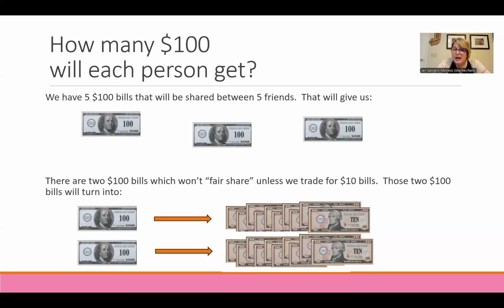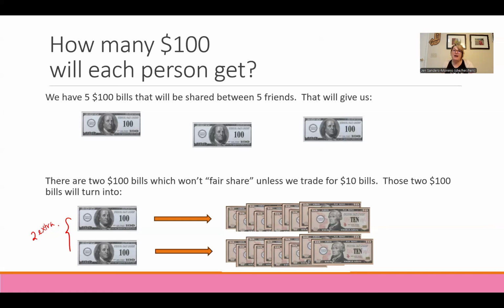So how we're going to trade is we're going to trade those $200 bills, and what they're going to trade for is, of course, 10 $10 bills. So each 100 will turn into 10 tens. So that means that I'm going to have, okay, so these are the 2 extra. Okay. And again, I know some of you are going to say, can't we go to 20s? No, we need to stick to ones, tens, and hundreds because that's our place value system, okay?